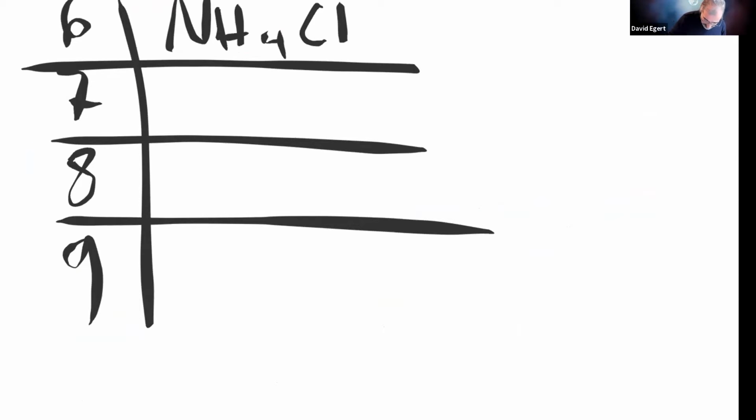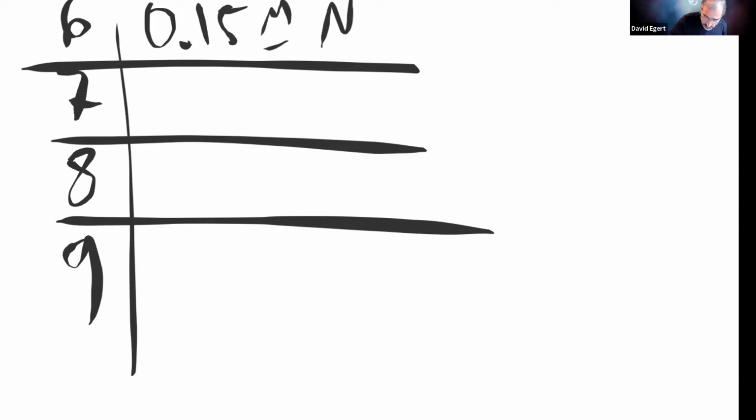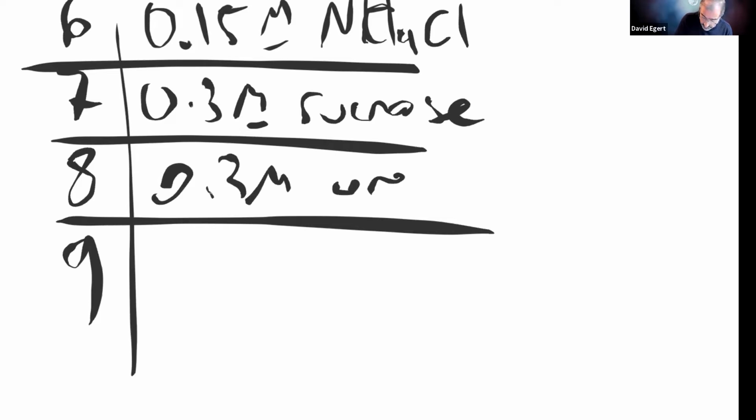Let me... 0.15 molar ammonium chloride. Okay. Then we had 0.3 molar sucrose. We have 0.3 molar urea, 0.3 molar glycerol.